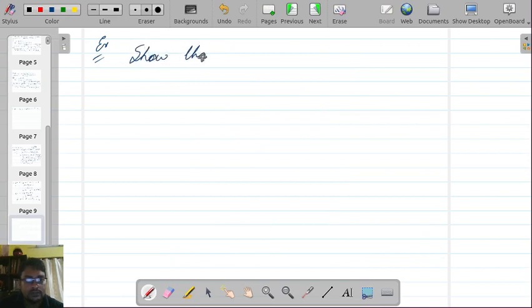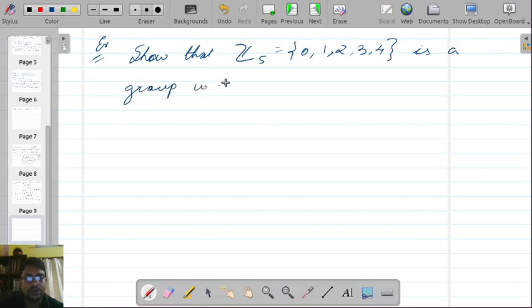Show that Z5, which is equal to 0, 1, 2, 3, 4, is an abelian group with respect to addition modulo 5.